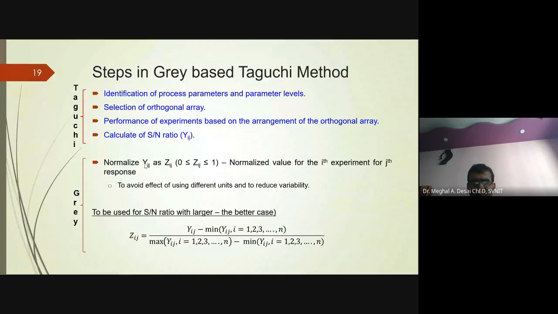Normalization, why is it required? Because we know that each response is behaving uniquely. Even its behavior range will be different.